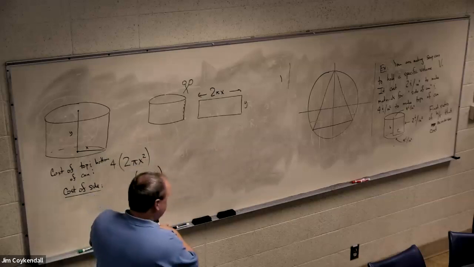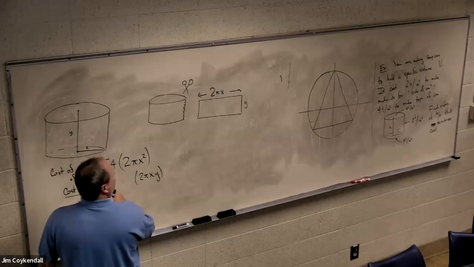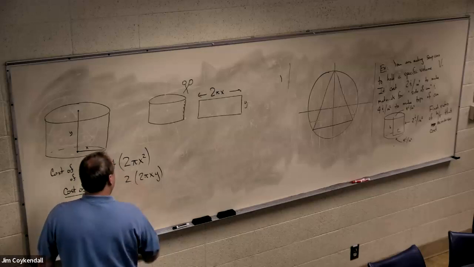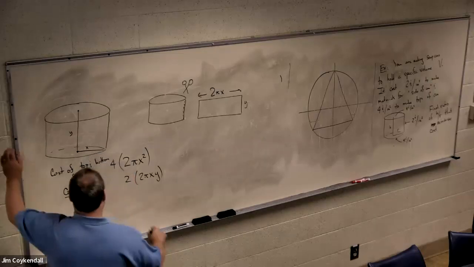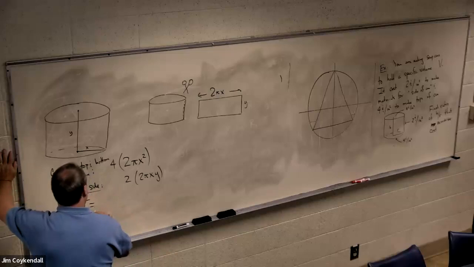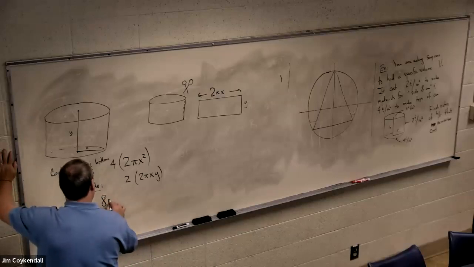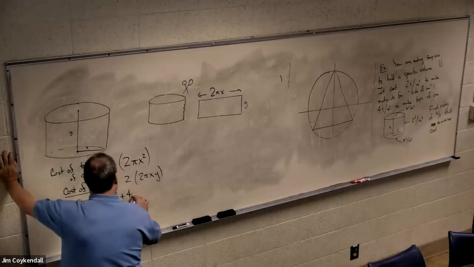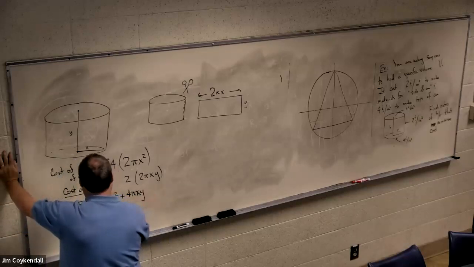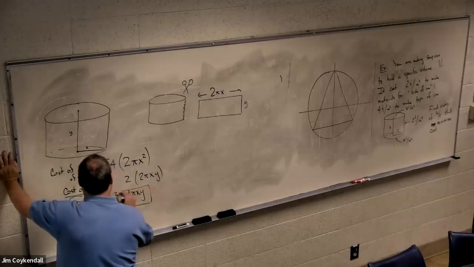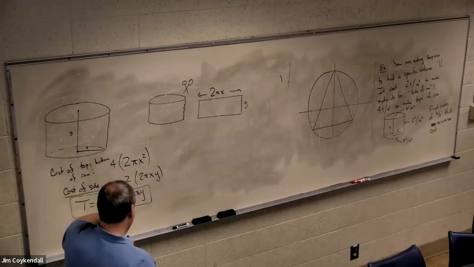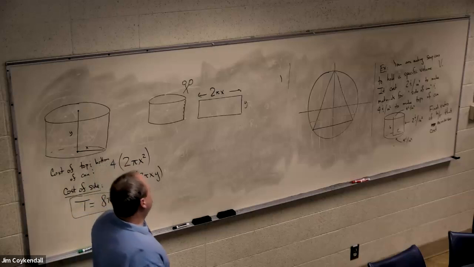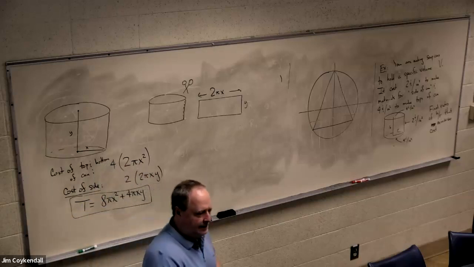And it costs 2 cents per square inch. So I'm going to write T for the total cost: T equals 8 pi x squared plus 4 pi x y. In cents, that's how much it's going to cost me to make that can.